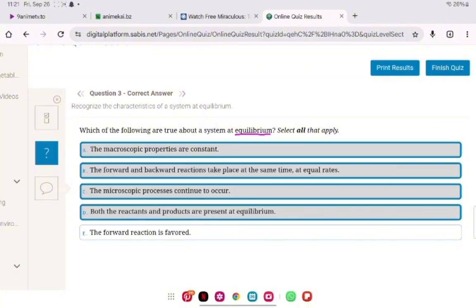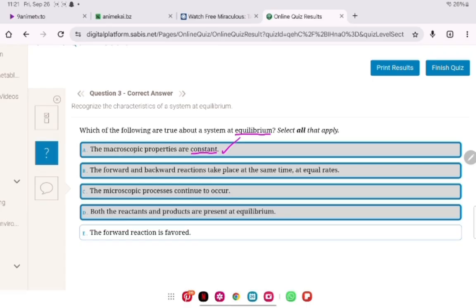For example, the color is constant, or the concentration is constant, or the temperature. So let's say you added something and the color is constant. That means the solution is at equilibrium. So this is correct, because constant means equilibrium and you can't see any change happening.